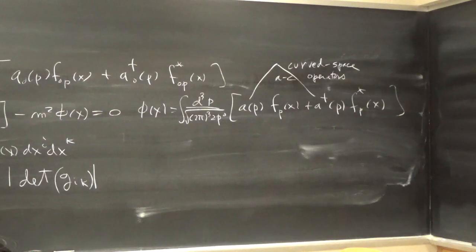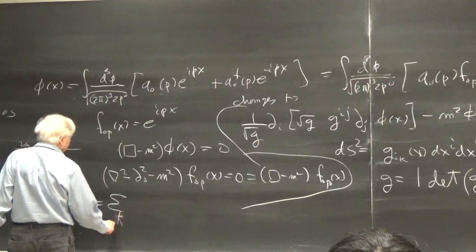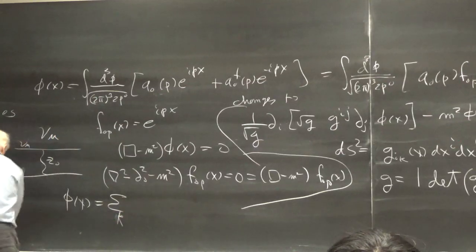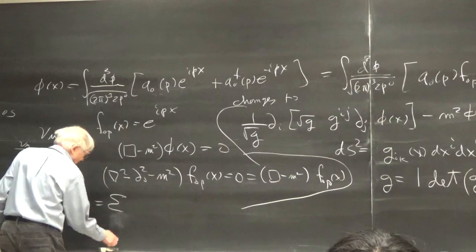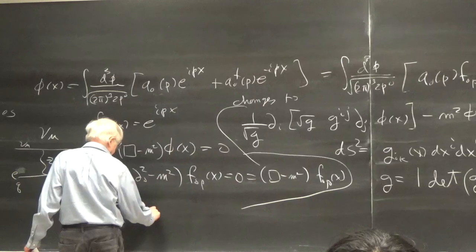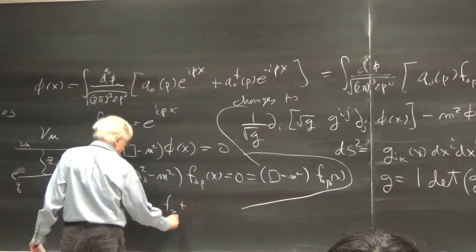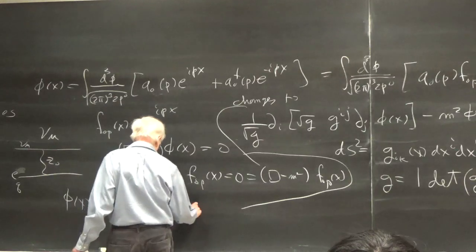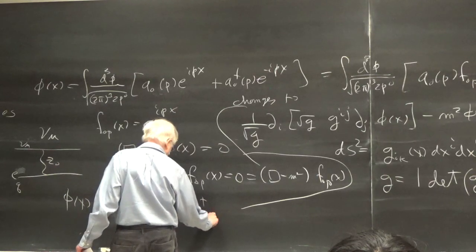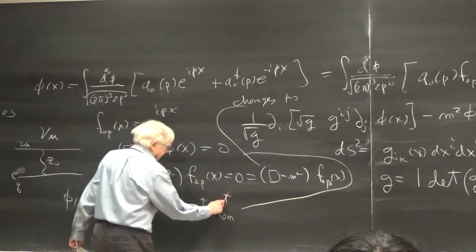They say phi of x is simply a sum over i, or let's not use i since we have an i, a sum over, say, k. Well, k isn't so great either. Let's use a sum over n: a_n f_n plus a_n dagger f_n star.